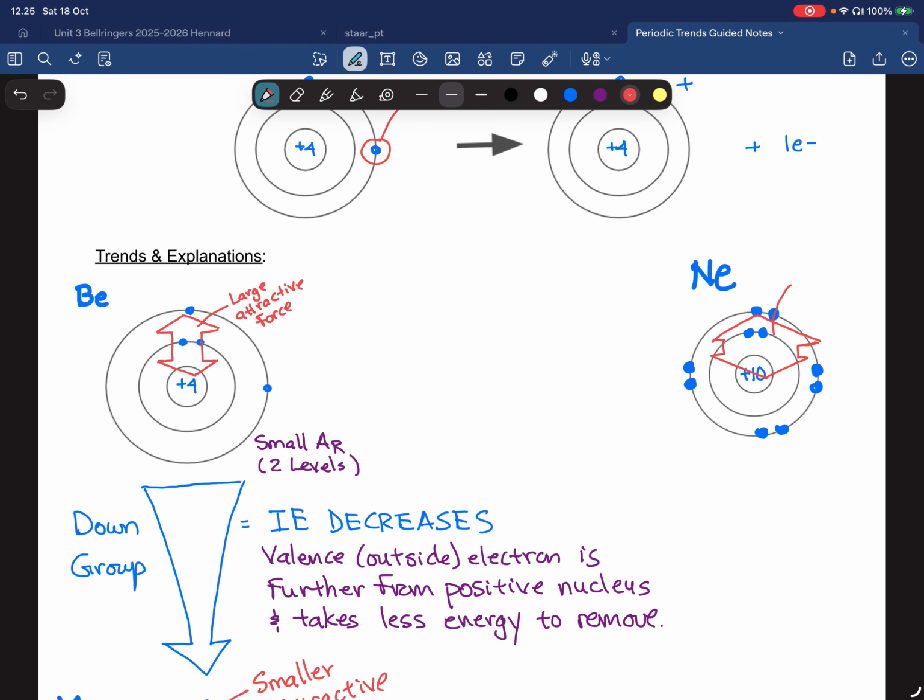So you had a larger attractive force here, making it more difficult to remove those electrons. So, as we go across, ionization energy goes from relatively small, and then it gets bigger and bigger and bigger.